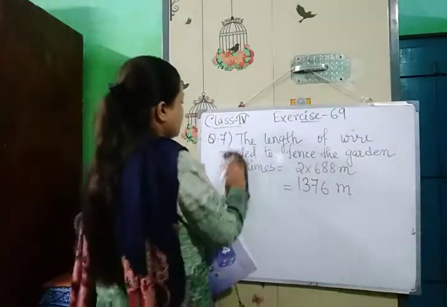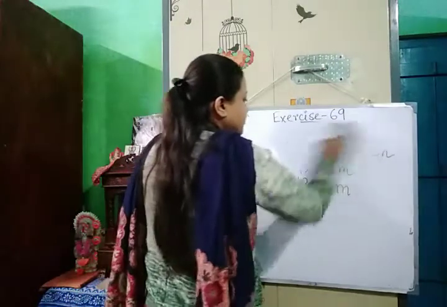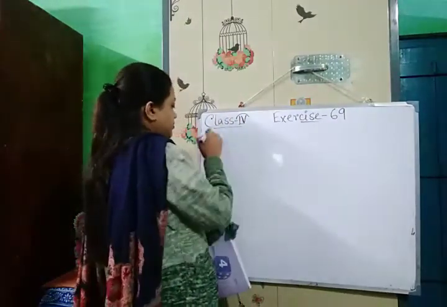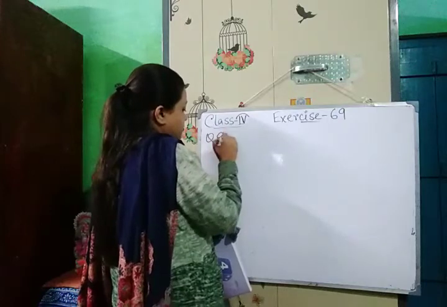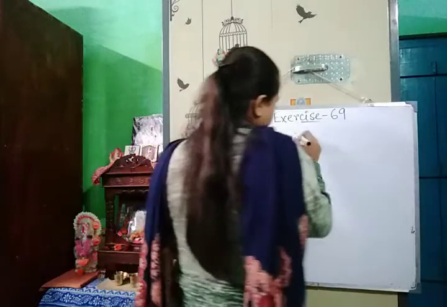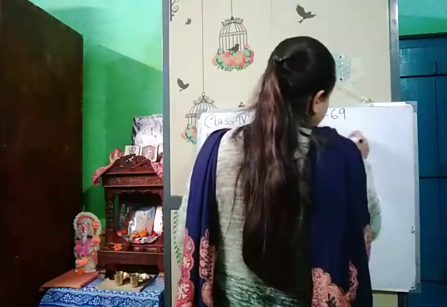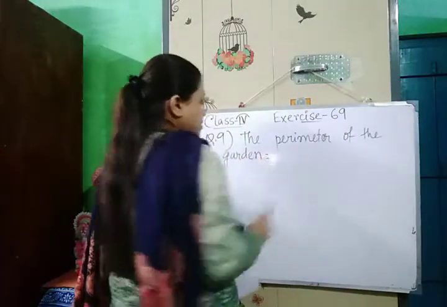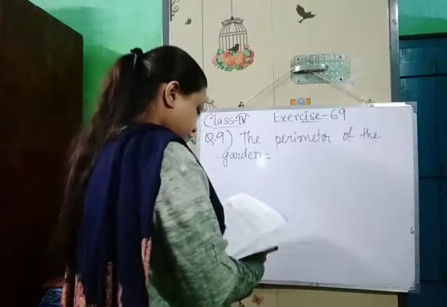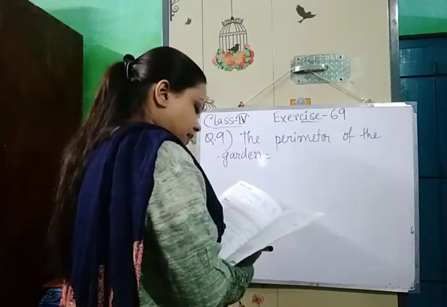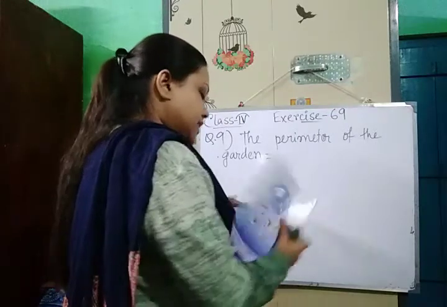Okay. So just first writing, the perimeter of the garden is equal to 35 meter, 25 meter and 20 meter.